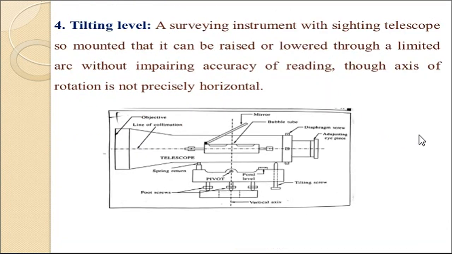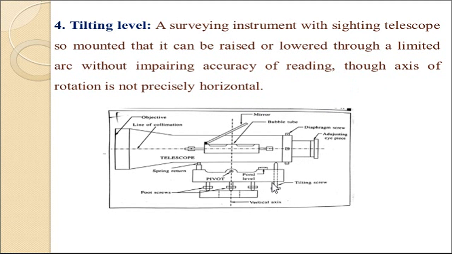Next one is the tilting level. A surveying instrument with a sighting telescope so mounted that it can be raised or lowered through a limited arc without impairing the accuracy of reading. That is important here: without any compromise with the accuracy of reading, we can tilt the telescope even though the axis of rotation is not precisely horizontal.